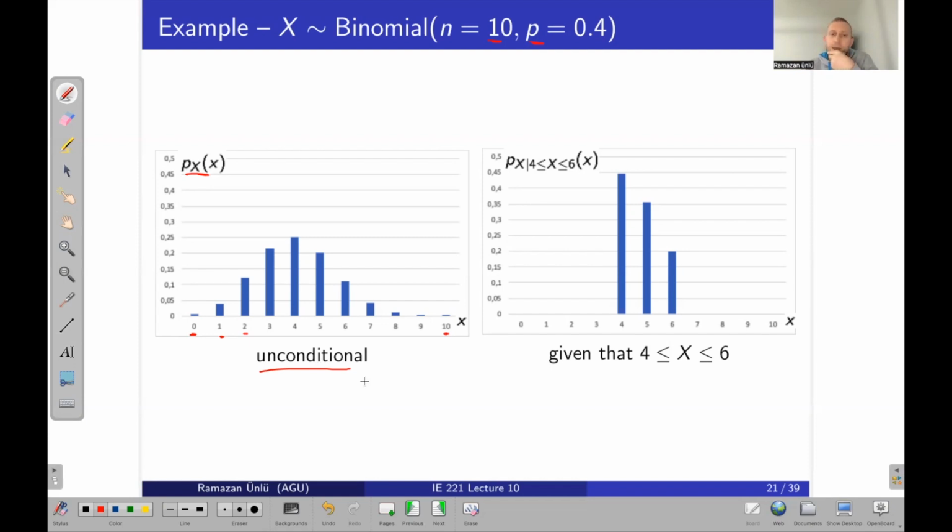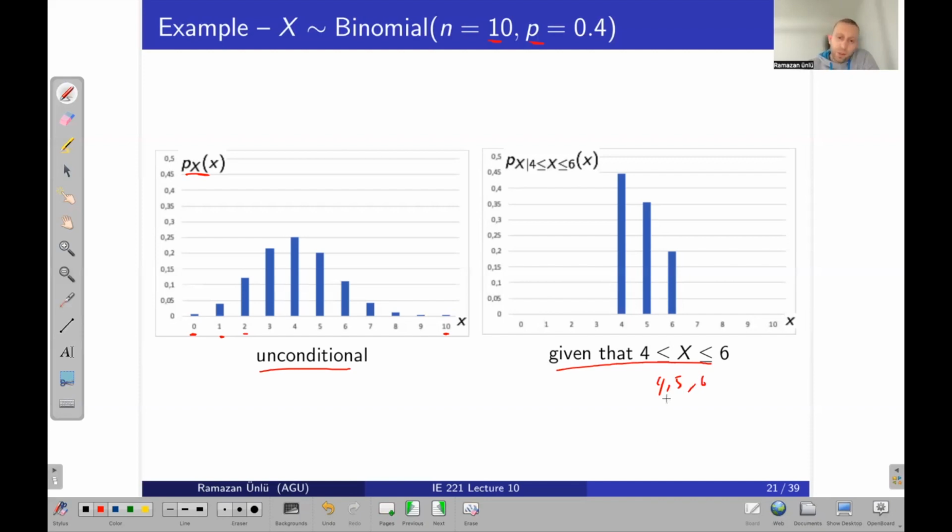So let's say now I'm given extra information: that x is between 4 and 6. So x is greater than or equal to 4 and less than or equal to 6. That means I know that x will take 4, 5, or 6.